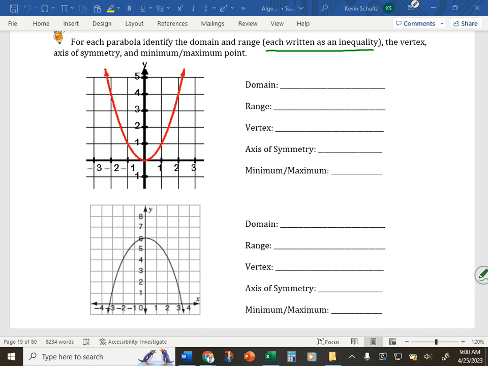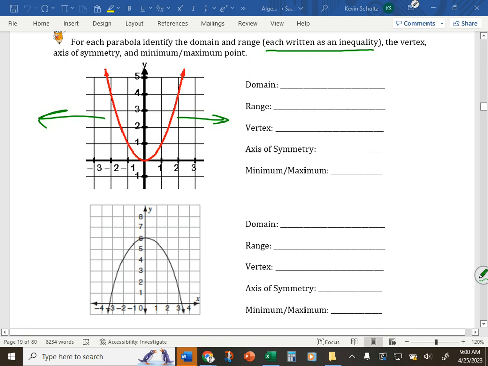If these arrows continue on, that gap is going to continue to get wider and wider and wider. It's going to expand to cover every x value on the coordinate plane, eventually. So the domain of a parabola with arrows on each end is always going to be the same. It's infinite. How do we show that it's infinite? The all real symbol.